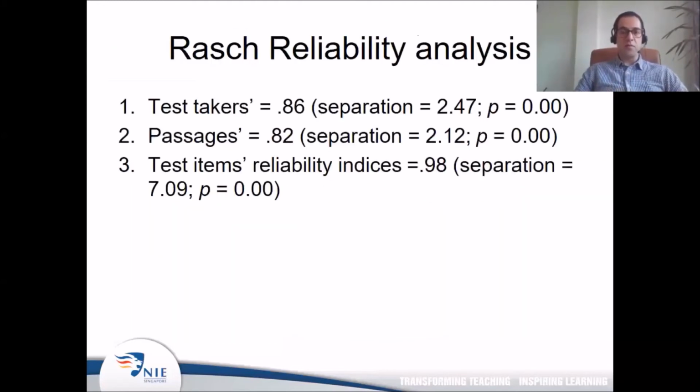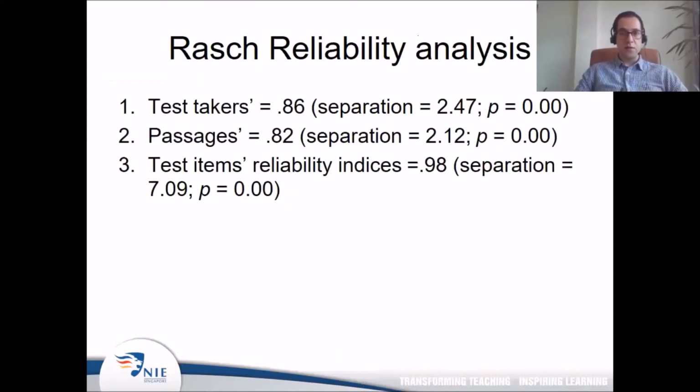Now, for Rasch measurement reliability, I would like to present these pieces of evidence that clearly show that test takers were different. If you look at the separation index, that's 2.47. What that means is there were at least two levels of ability detected in the test takers.